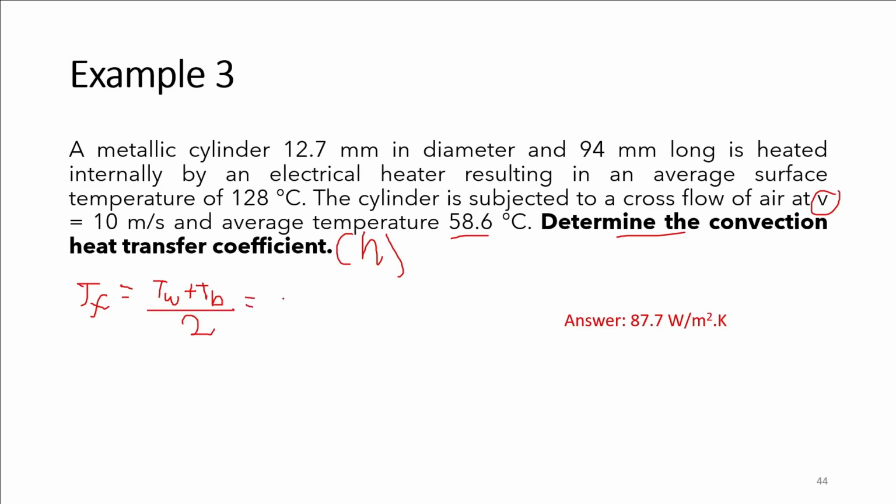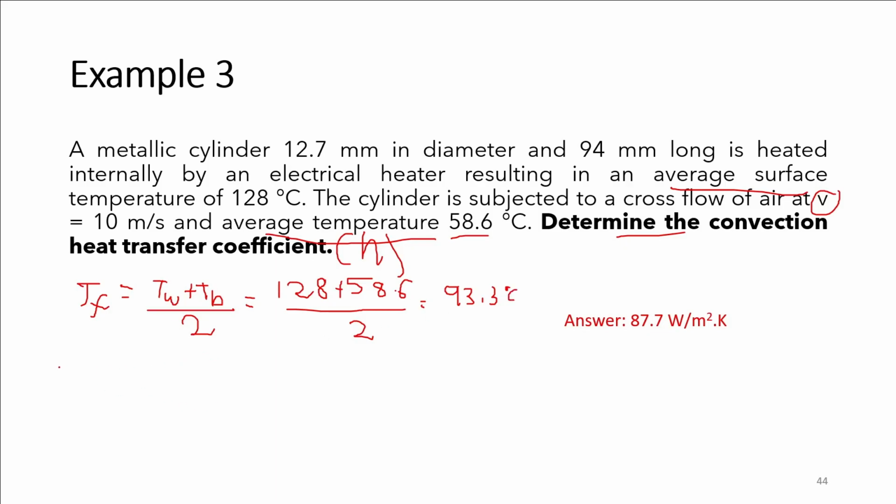T_W is the average surface temperature, 128, plus T_B, which is the average temperature of 58.6. Dividing by 2, you will get an answer for T_F of 93.3 degrees Celsius.